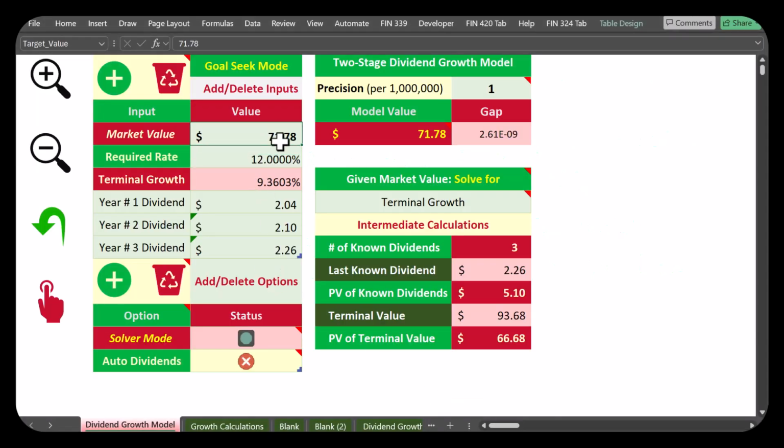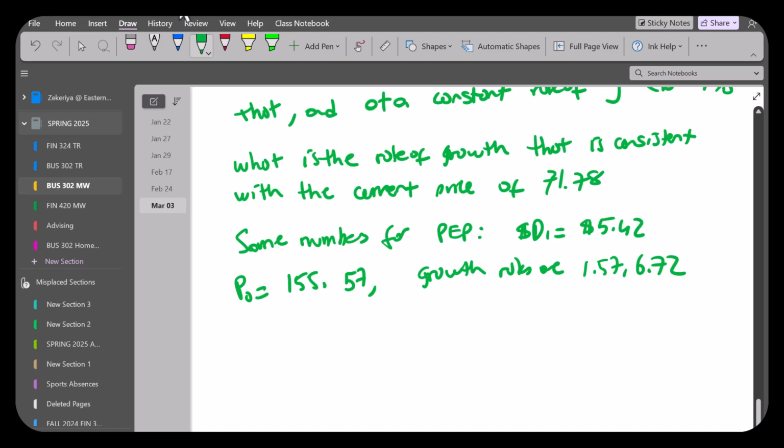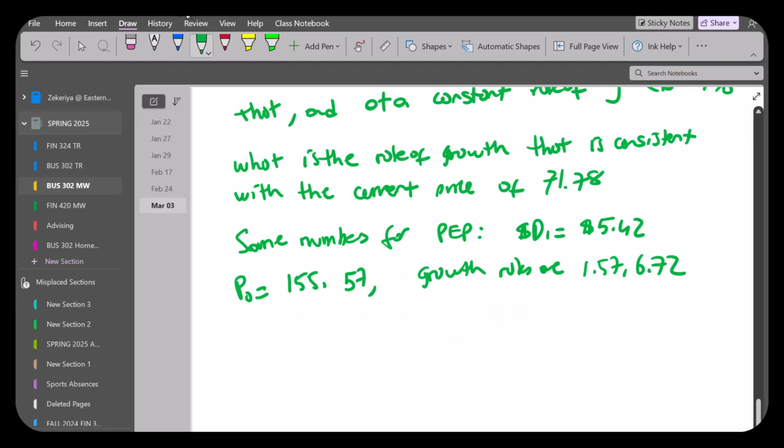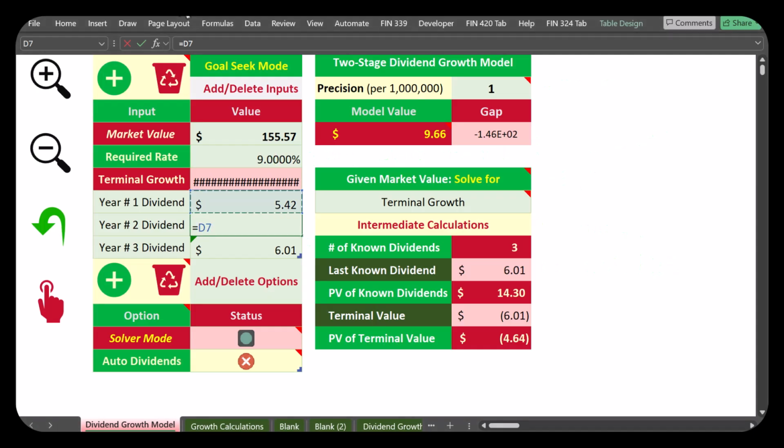All I have to do is apply these numbers, 1.5557. Oh, we should have used 9%, but 1.57, 6.72.